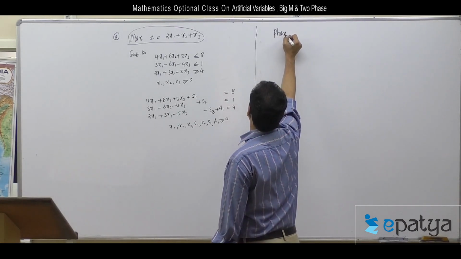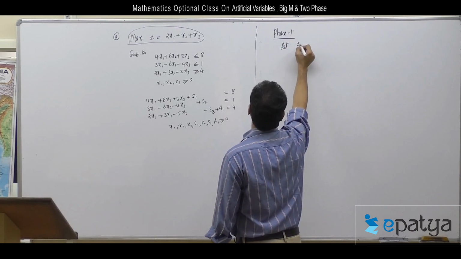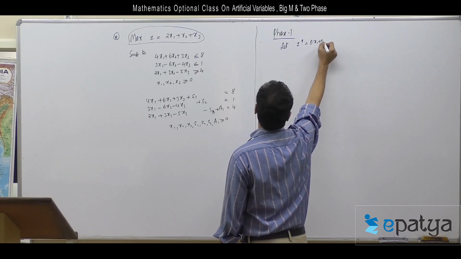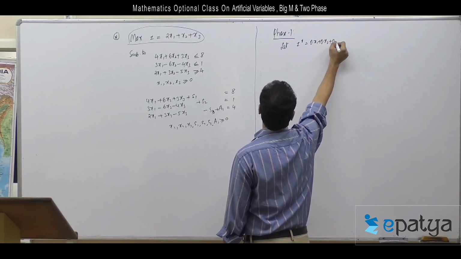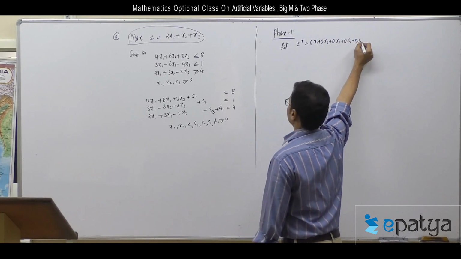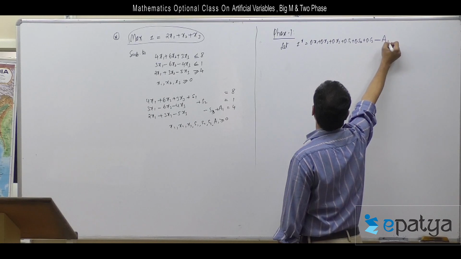So phase 1, let z star equal to 0 times x1 plus 0 times x2 plus 0 times x3 plus 0 times s1 plus 0 times s2 plus 0 times s3 minus a1.